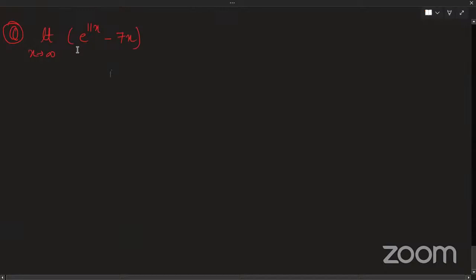So can anyone just tell me, limit x tends to infinity, e raised to 11x minus 7x, what will happen to it? Since we know when x is tending to infinity, your exponential function is infinite times higher than any polynomial, right?